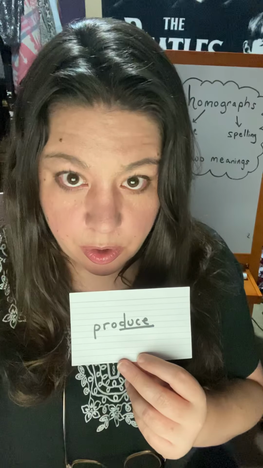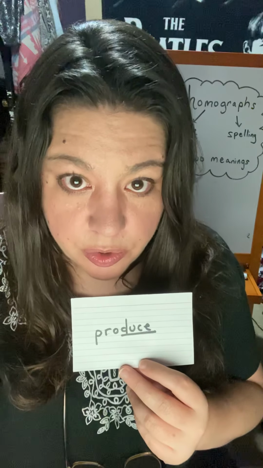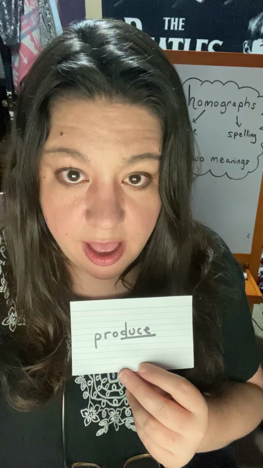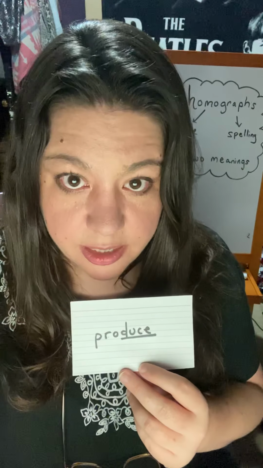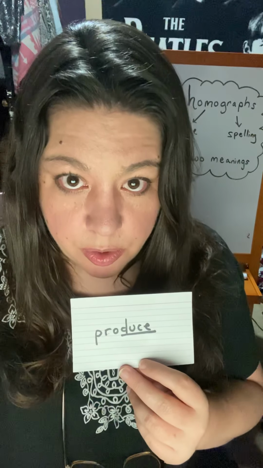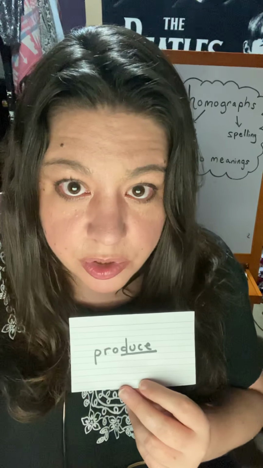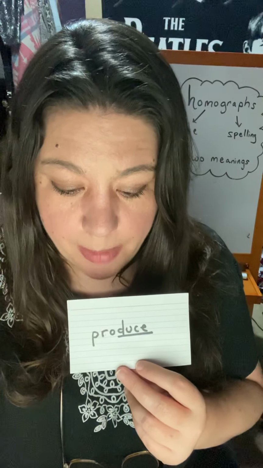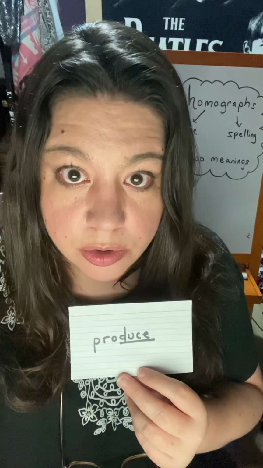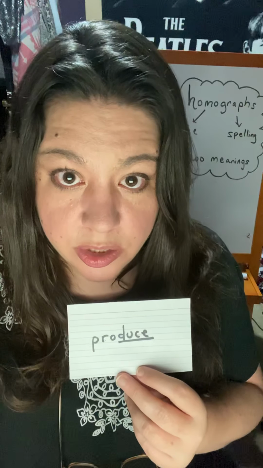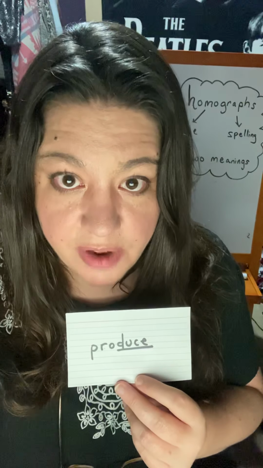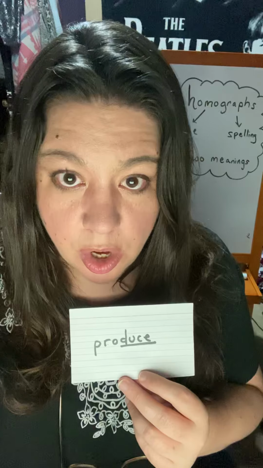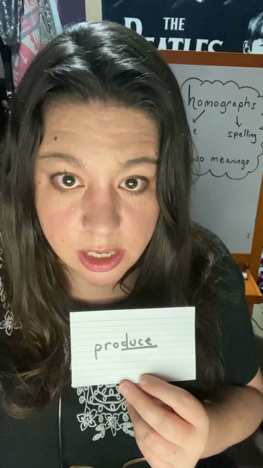If you said A, you are correct. It's a verb, to make something. I produce a cake in the kitchen. I produce it. I made it. Produce. When you go into the grocery store, there's the produce section. That's the fruits and vegetables. The emphasis on produce is in the first syllable. Next one.